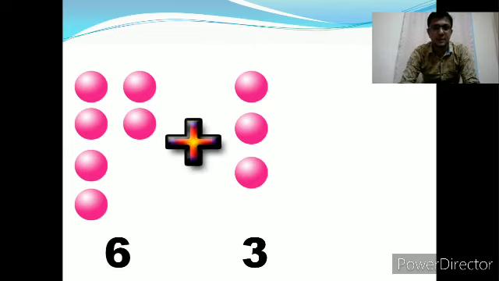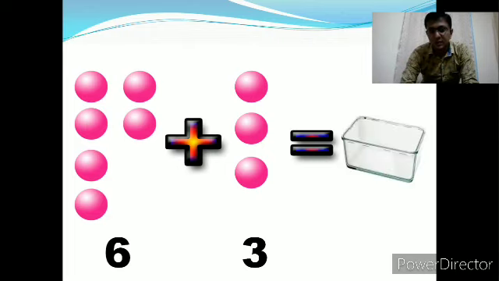Plus. So 6 and 3 we have to add. 6 balls and 3 balls we have to add. I want to combine them in one particular basket, and it is equals to, it is having one basket.